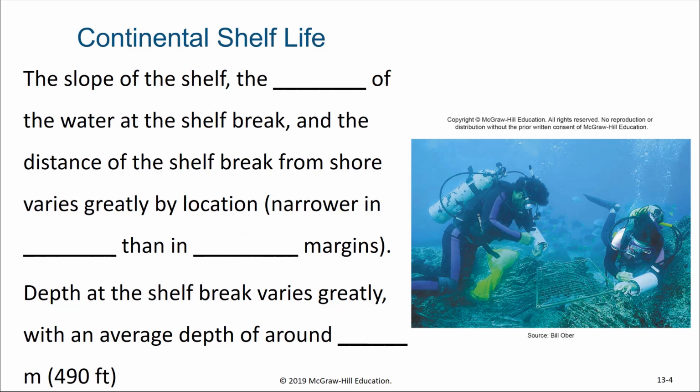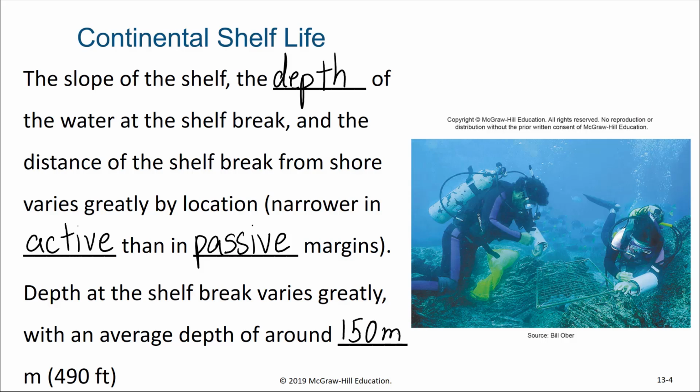The slope of the shelf, the depth of the water at the shelf break, and the distance of the shelf break from shore varies greatly by location, narrower in active margins than in passive margins. The depth at the shelf break varies greatly, with an average of around 150 meters, or just less than 500 feet in depth.